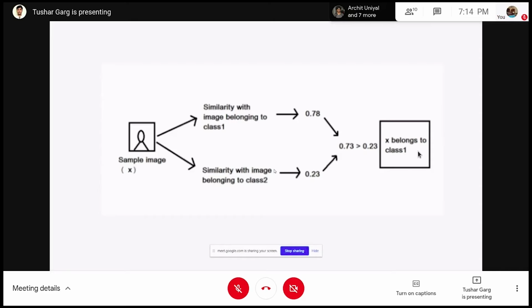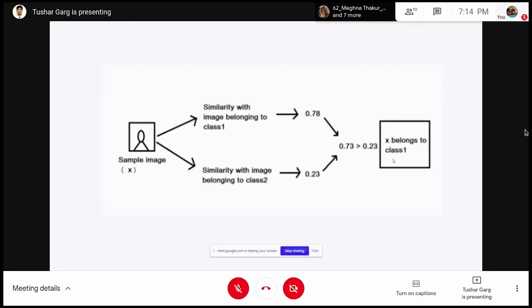We get values like 0.78 in case 1 and 0.23 in case 2. There will be many classes to compare with similarity scores, and then we tell that the given sample image belongs to class 1.